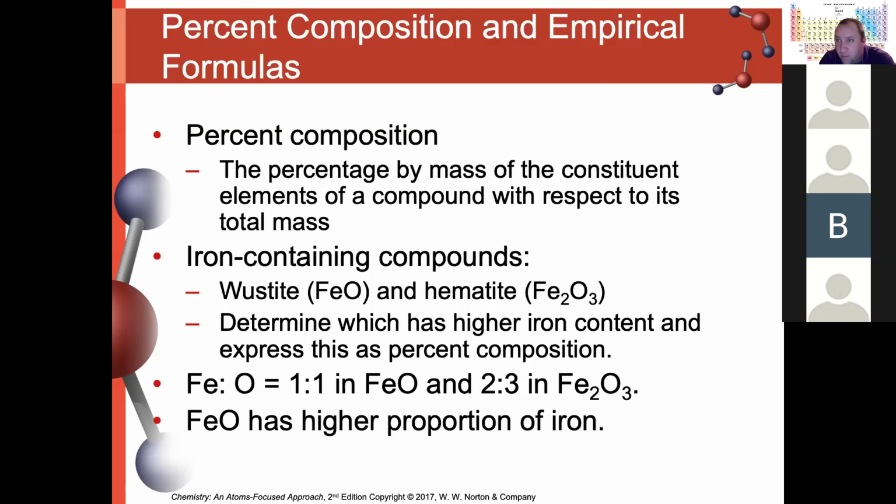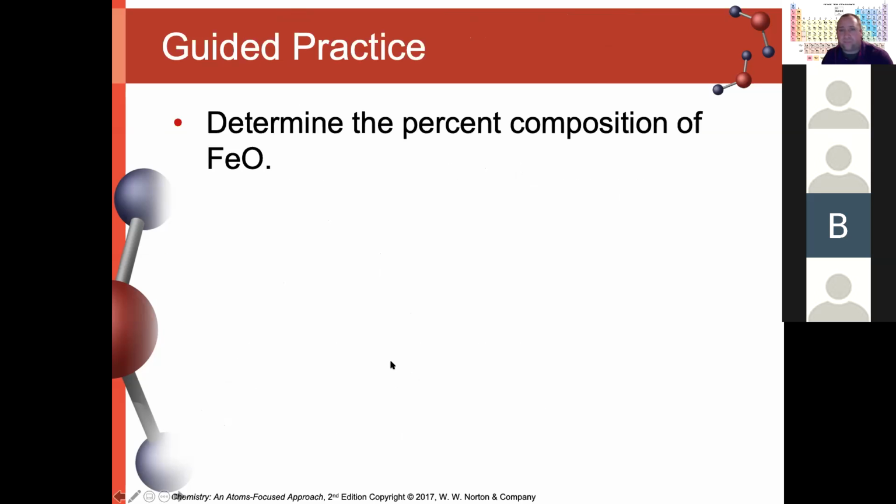And from that atomic standpoint, we get some kind of an idea, but the mass standpoint is going to be even more telling. Let's take a look at it. The percent composition by mass of iron oxide. What we have to remember is that the molar masses here are going to become important. For iron, it's 55.85 grams per mole.